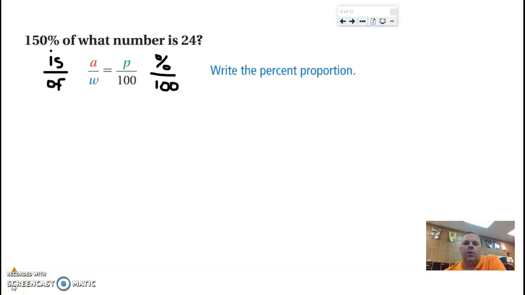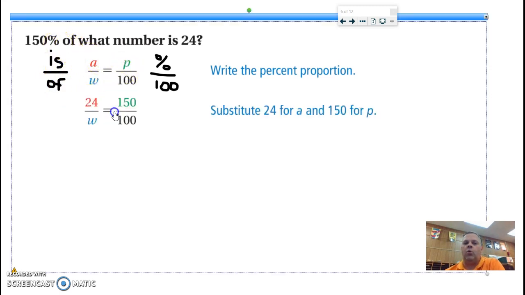In our next example, 150% of what number is 24? I can set up the proportion as A, which is the part, of the whole equals the percent of 100. Is the part, I see 24 as is. Of, I am not sure, so I'm going to leave it W. The percent is 150, so my proportion sets up like this.